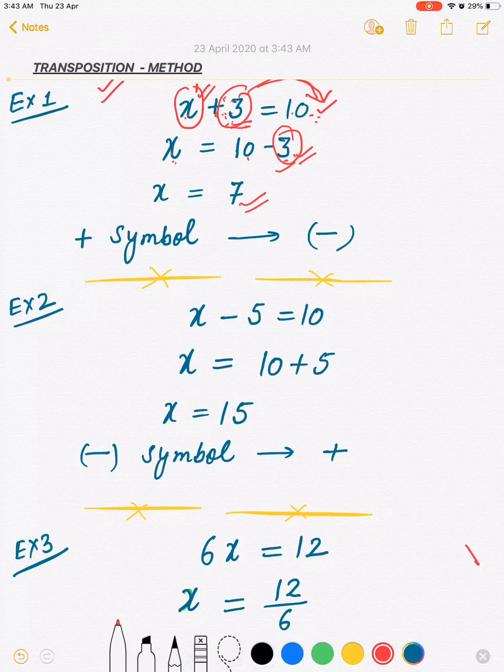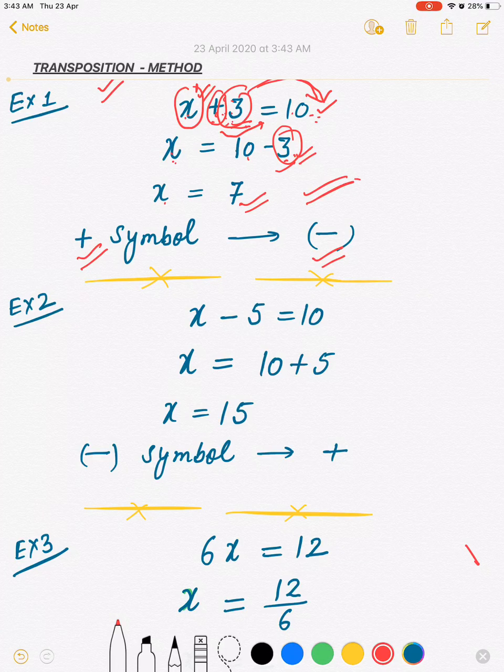So on transposition, the plus symbol becomes a minus symbol. So x is equal to 7. This is one of the examples.